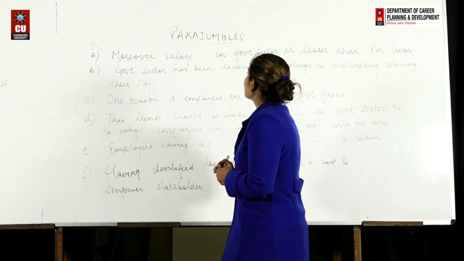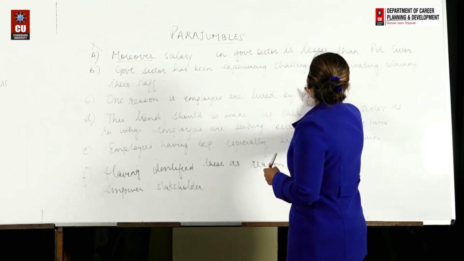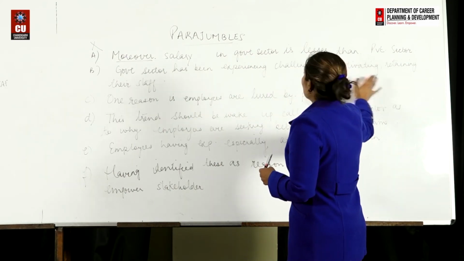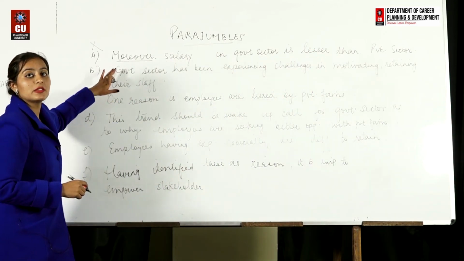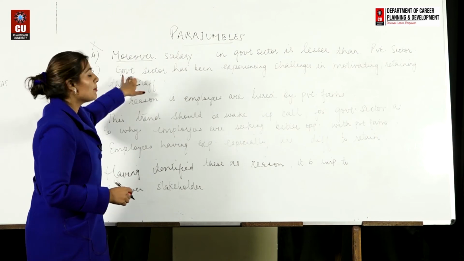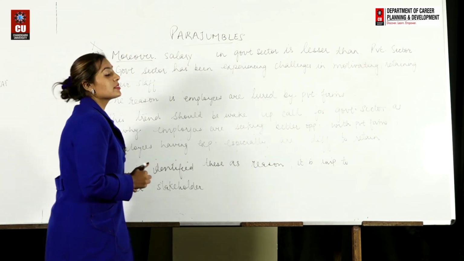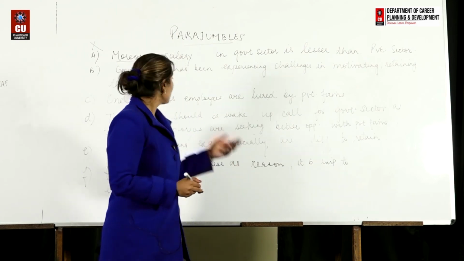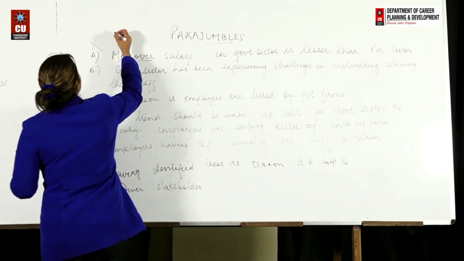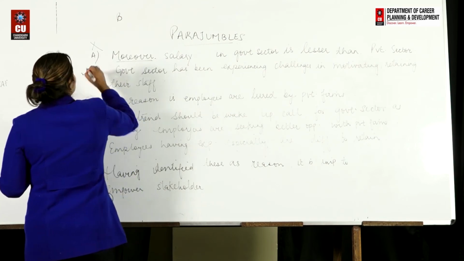Then, government sector has been experiencing challenges in motivating, retaining their staff. If you look at this sentence, this is an independent sentence, which is saying that the government sector is experiencing certain challenges in motivating and retaining their staff. So let's keep it as B.